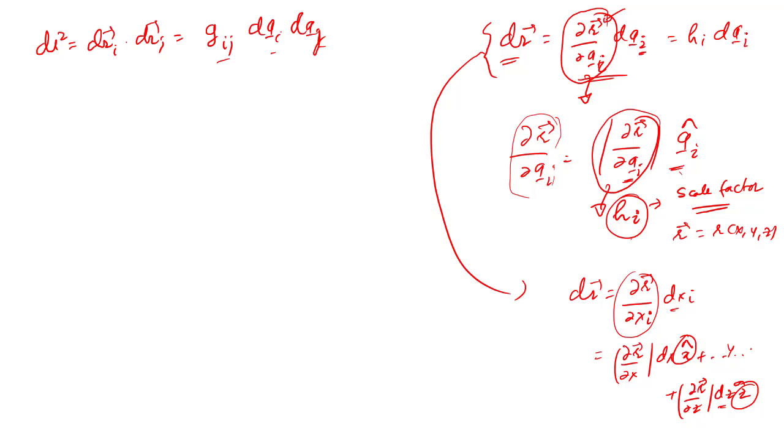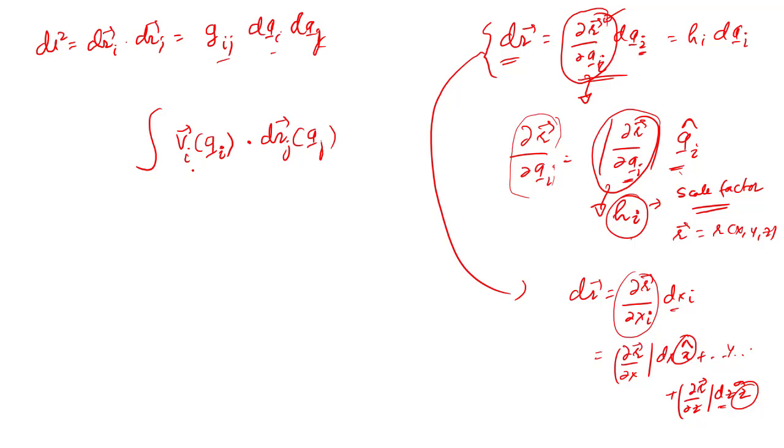For example, if I have a simple integral where I'm integrating a vector v, which is a function of qi, dot dr, which I'm going to write with index j, because we're taking the dot product. In general, we write different indices to take the dot product.